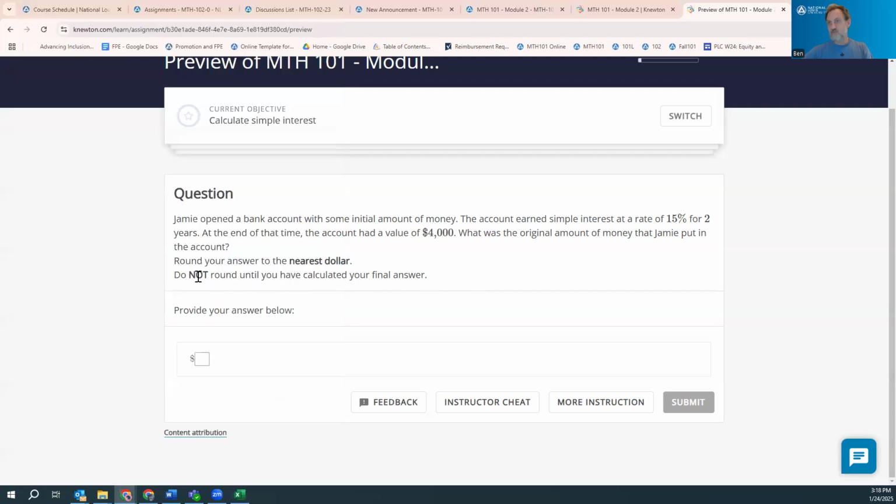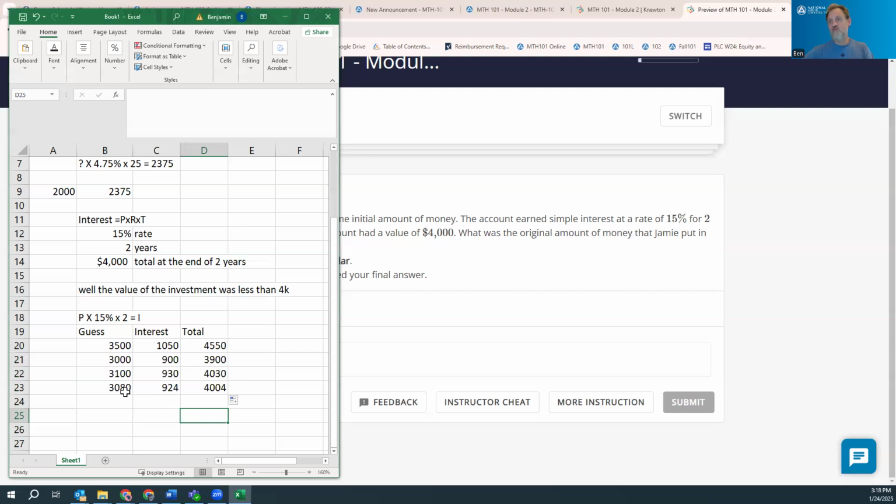Now, round to the nearest dollar. Do not round until you calculate your final answer. I'm going to do 3,078. Oof. 3,076. This is pretty good. 3,077. Ooh, which one is the better answer?